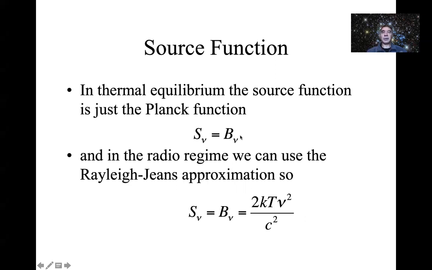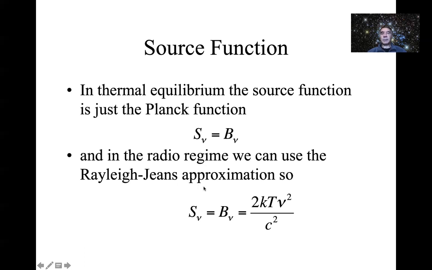The gas at the surface of a star is pretty close to thermal equilibrium. When we see into the star in the optical regime, we see into where the optical depth is about unity, and the emission that we see is very similar to that of a black body. So that is a good example of this condition.